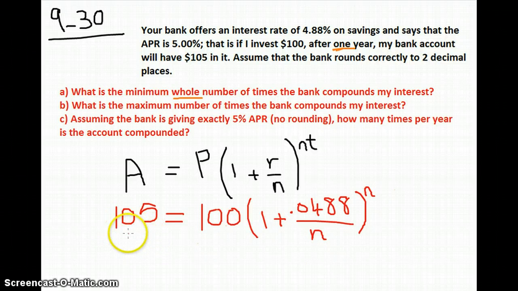Now the bank is promising you $105 when you deposit $100 at, they're saying 5%, but really what's happening is 4.88. So now, what is the minimum number of times that the bank should compound to keep their promise, to keep that 105? So if we try 1, for example. So let's make a table for this. I think that would be really helpful.